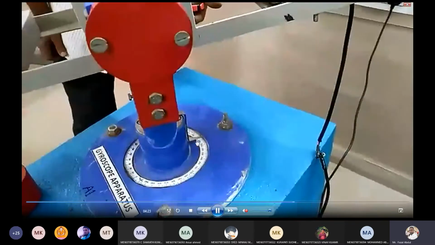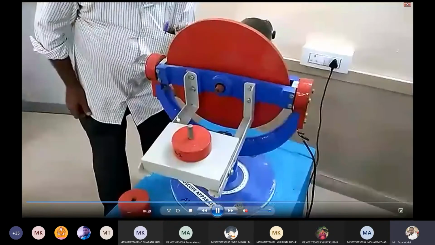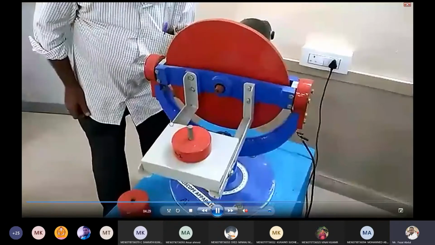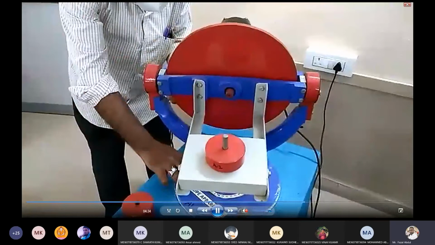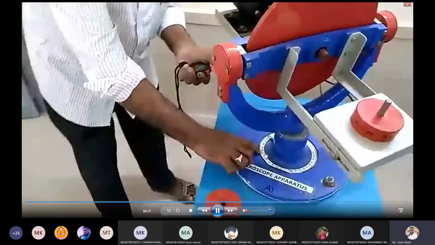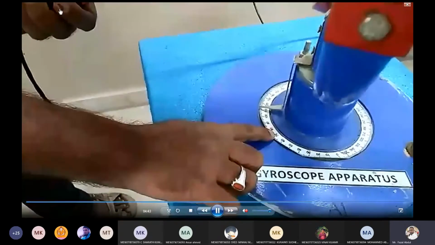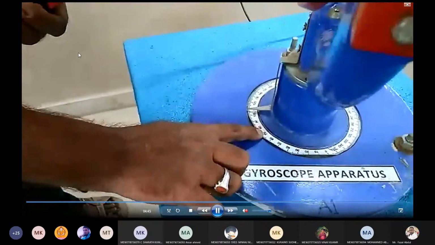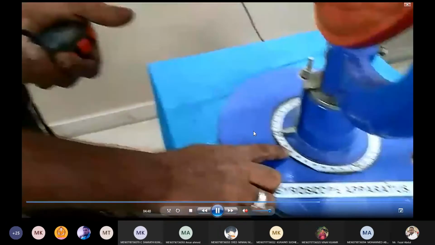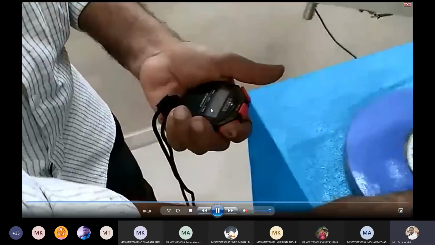Initially it is at 0, and slowly it is turning. From there to here is a total of 90 degrees. Simultaneously we record the time with the stopwatch for the 90 degrees of turning. That value you need to record.